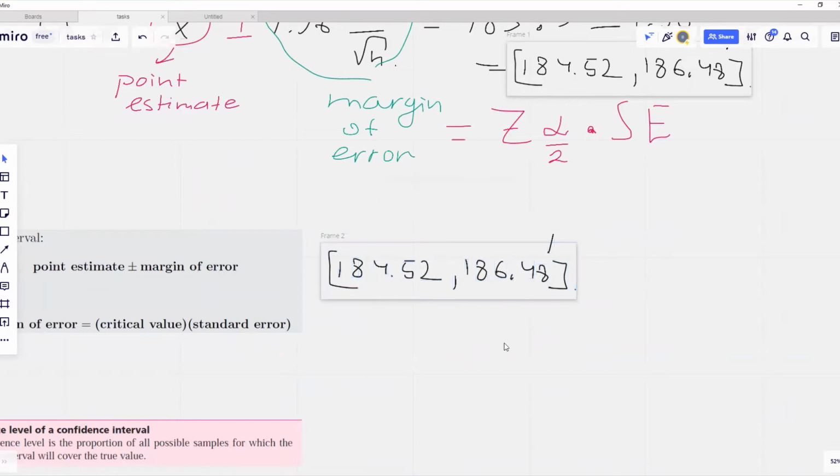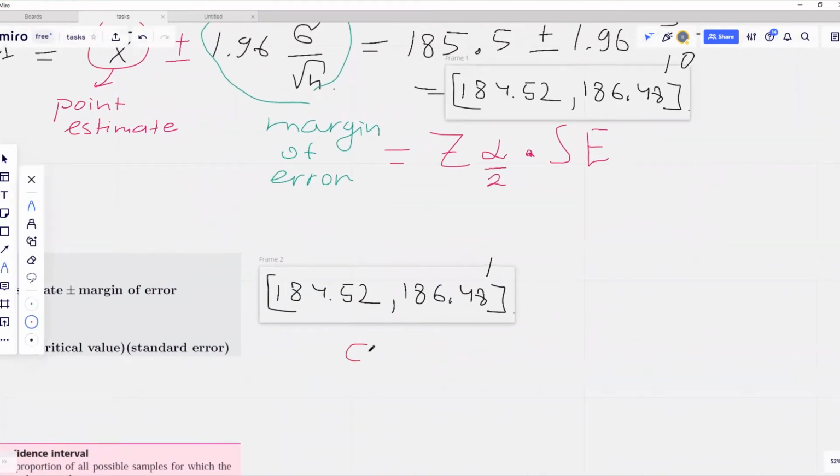Now, what do we mean by our 95% confidence interval? It's tempting to say that our confidence interval will contain the true population mean with the probability of 95%. However, this exact phrasing is not entirely correct, since probability refers to random events that have random outcomes.